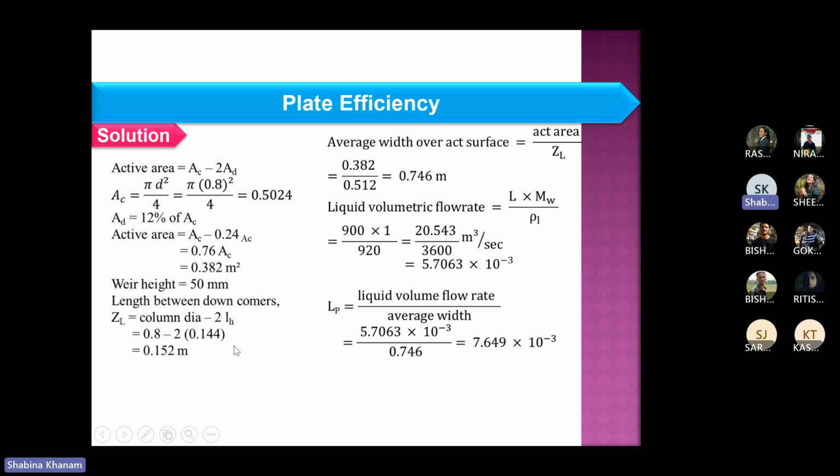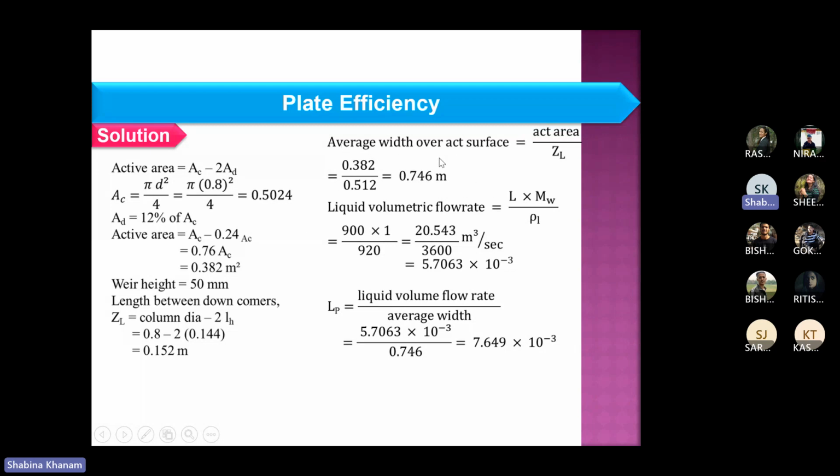Otherwise that value we will discuss in the subsequent slides. So till then you can consider Lh as 0.144. And twice this Lh we can deduct from the column diameter, so the length of the liquid path is coming as 0.152. Length of the liquid path is 0.152.